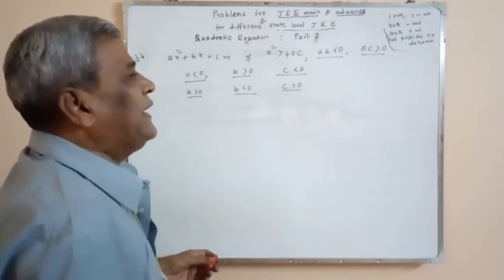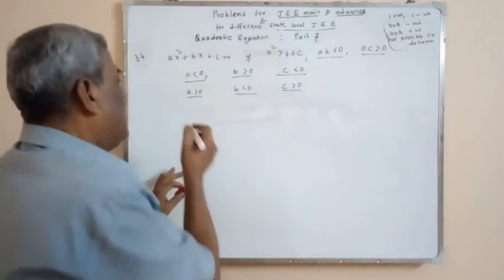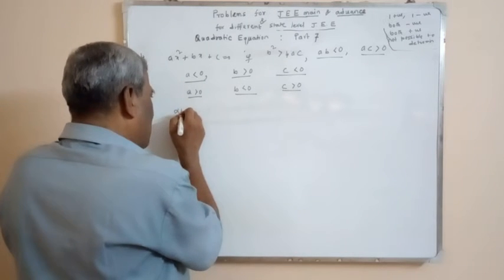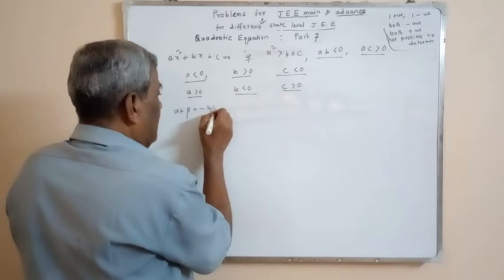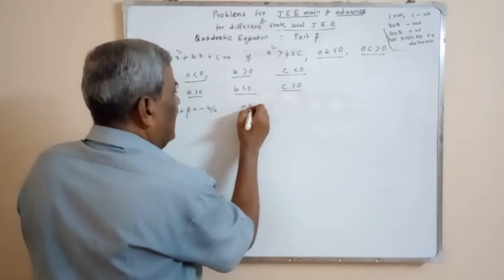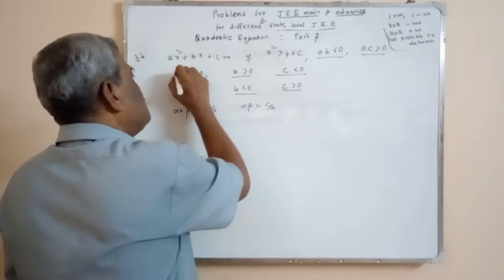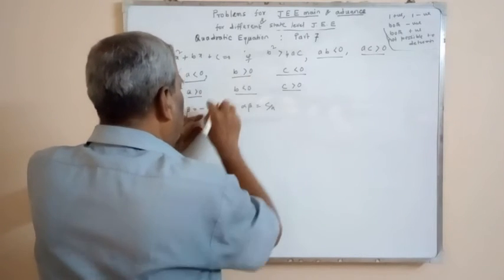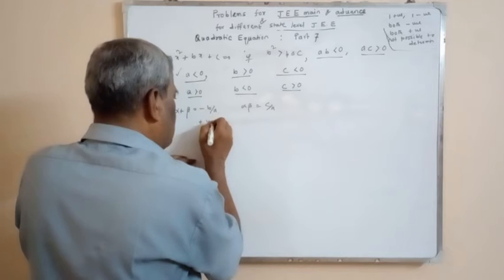Now to determine whether roots are one positive, one negative, and so on. Clearly, if alpha and beta are roots, alpha plus beta is equal to minus b by a, and alpha beta is c by a. In the case A negative, B positive, the sum of the roots is positive.